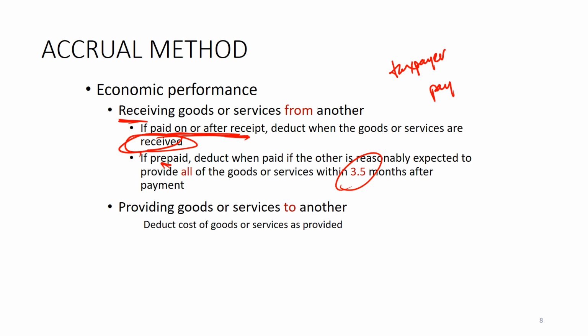Are we going to receive this from the other party within 3.5 months after payment? So we make payment in August. That's not good because it's going to fall within the same year. Let me actually pick a better date. We make payment here in November, so that we're only going to be receiving it maybe in January of the next year.